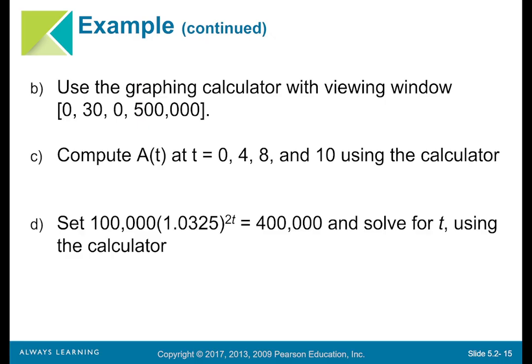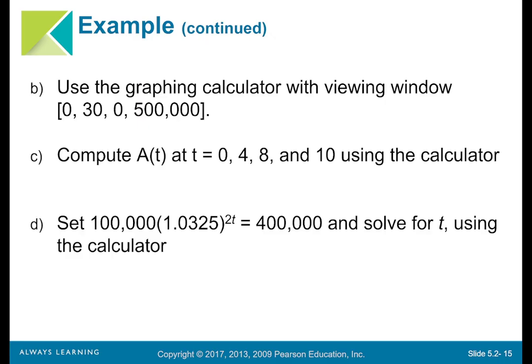Now we're actually going to work on setting 100,000 times our function to the 2t equal to 400,000. And let's solve using the calculator. This would be somewhat tricky to solve by hand. We don't have enough methods for solving it by hand yet, so we have to use the calculator.